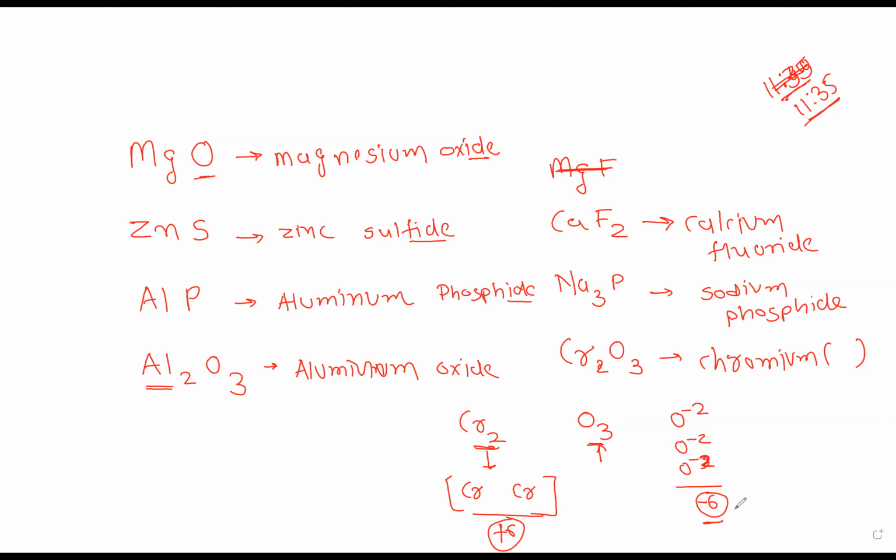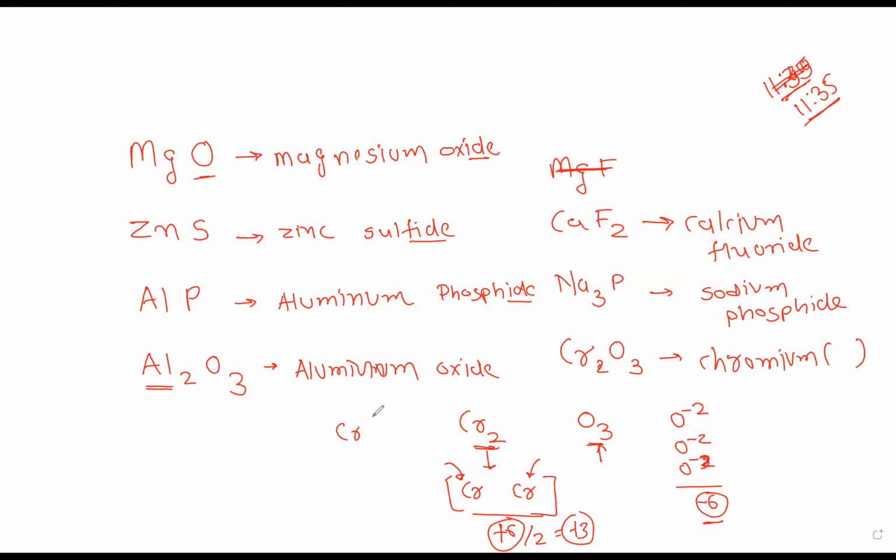If we have +6 charge to be distributed between the 2 chromium, what should each chromium have? We can divide this by 2 because there are 2 chromium. So the answer will be +3. Each chromium is going to carry a +3 charge.